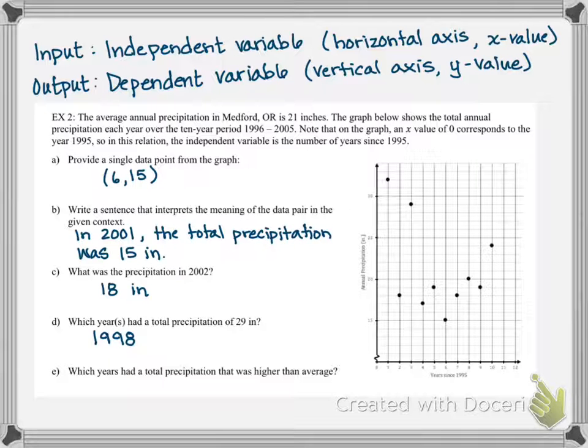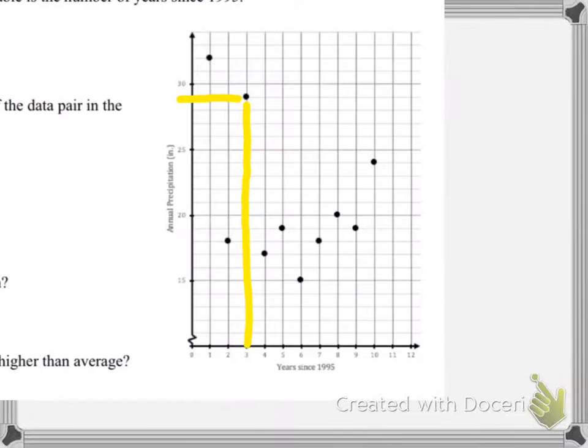And the last thing we want to know is when the total precipitation was higher than average. So what am I looking for if I want to know when it's higher than average? Anything over 21 inches? Yeah, I want to find points with a y value that's larger than 21. You can think of drawing a line at 21, and you're literally looking for all the points above that.